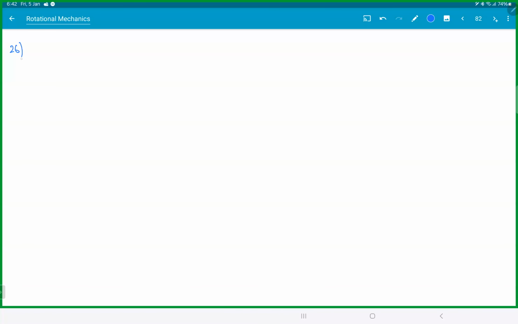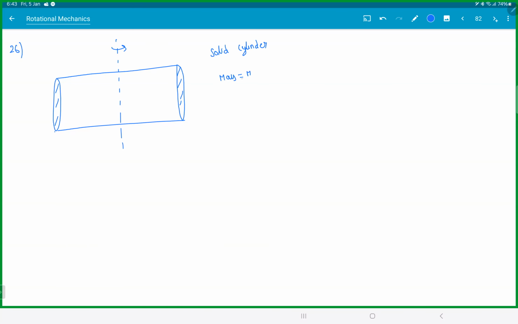The next one is quite a good result. Right? This thing is asked a lot in mains. You should know how to integrate this though. Solid cylinder, mass M, radius R, length L, passing through the central axis.